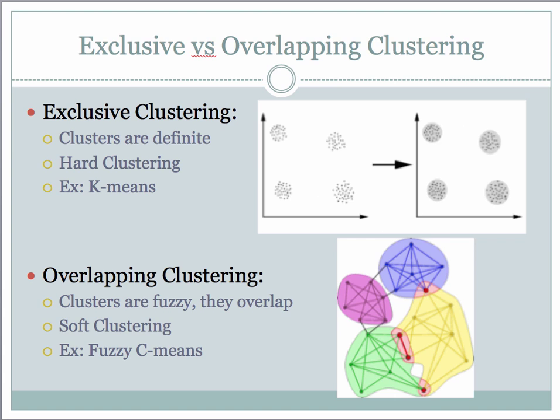So you can classify clustering into different categories, and I will show you three of them. One is exclusive clustering, and in exclusive clustering each group is clearly defined, so there is no overlap among the groups, and each data point belongs to one cluster only. This is also referred to as hard clustering.